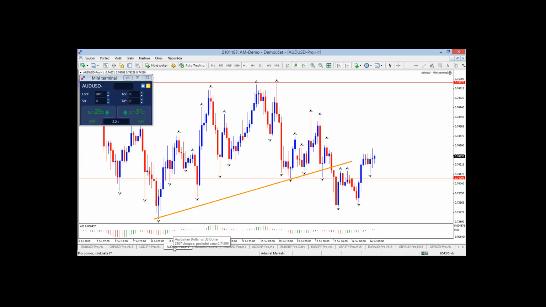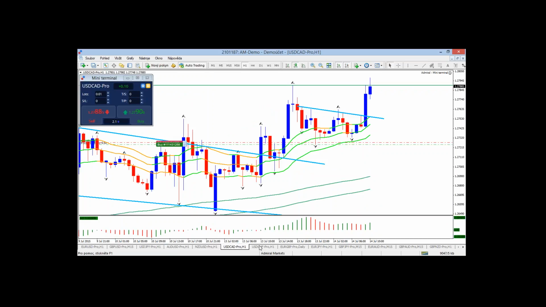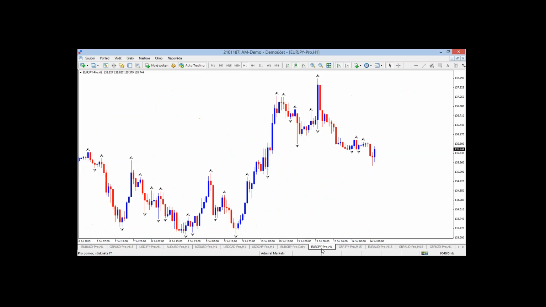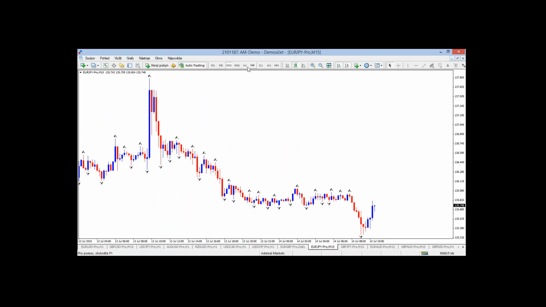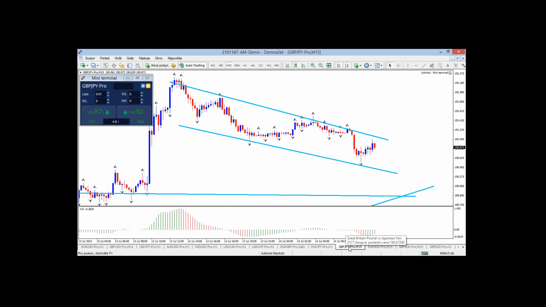Let's see. Otherwise, anything else going on? Dollar CAD still pushing up. Pound yen, same sixth candle here.